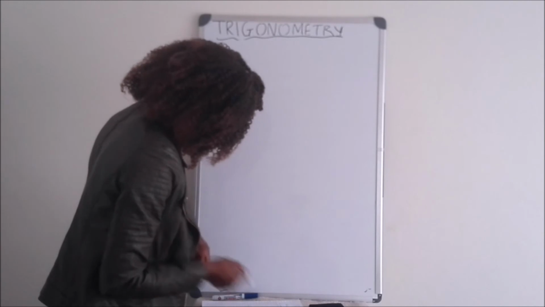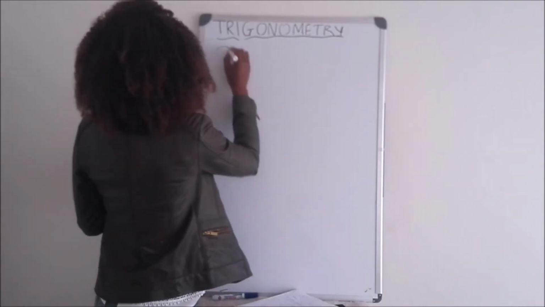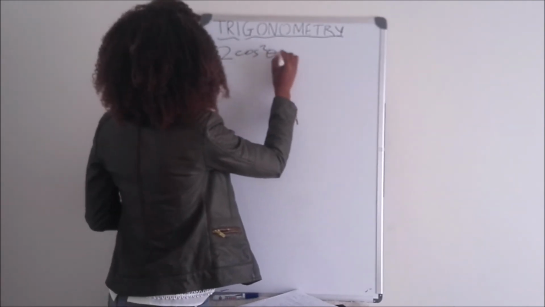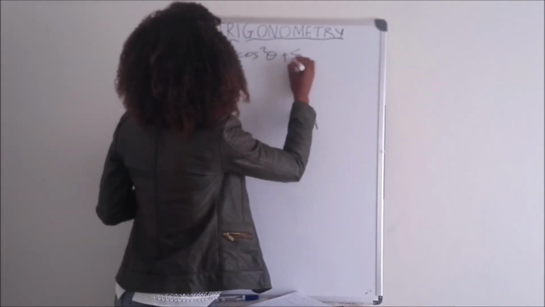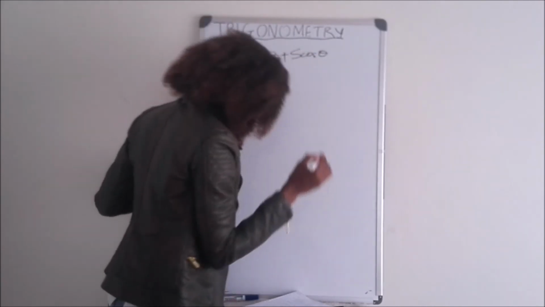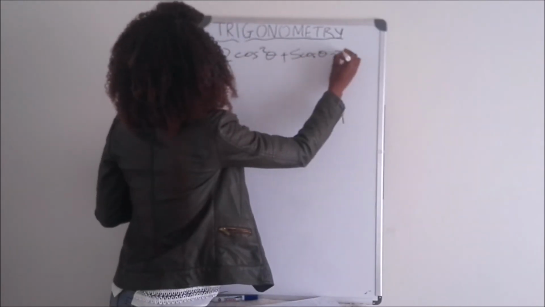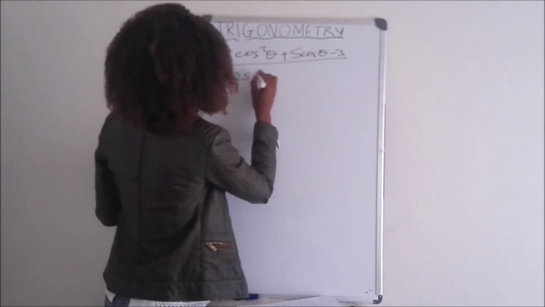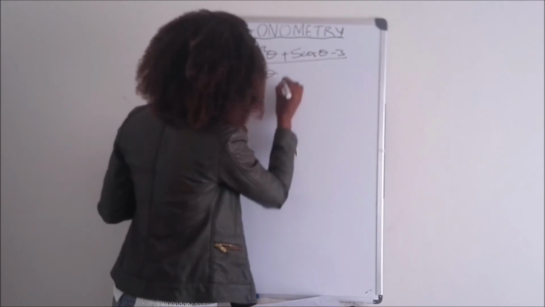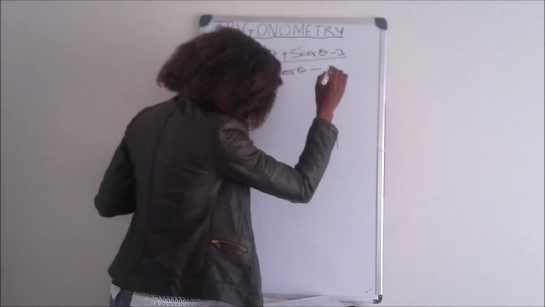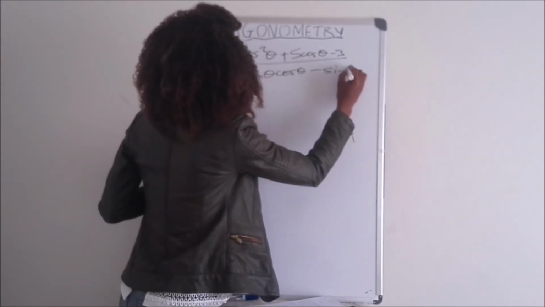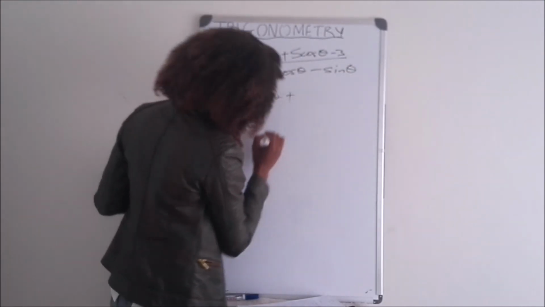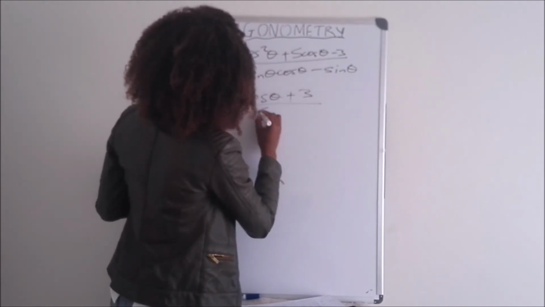All right, this one says that we must prove that 2 cos squared theta plus 5 cos theta minus 3, divided by 2 sine theta cos theta minus sine theta, is equal to cos theta plus 3 divided by sine theta.